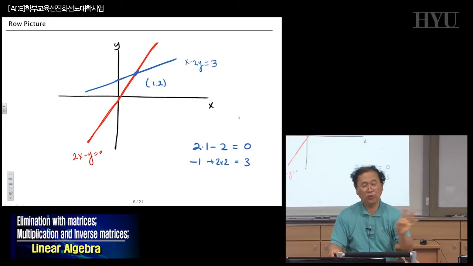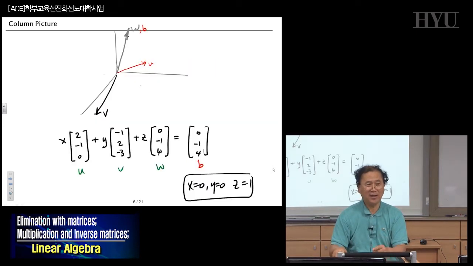Then there are two ways to represent it. One is the row picture. In this case, we somehow show each equation one by one. Okay, so this one you know, right? The second one, we represent a little bit differently. In this case, we are representing column by column.